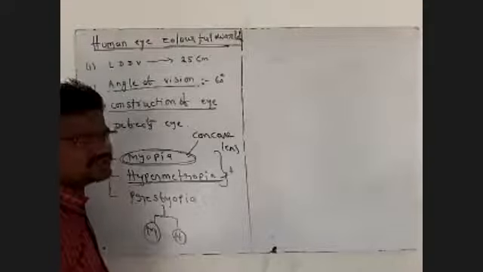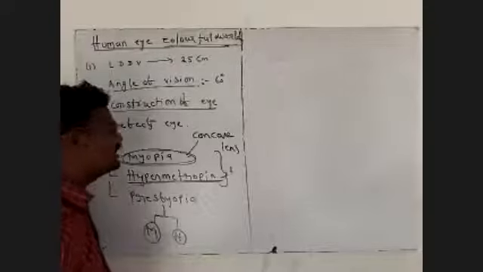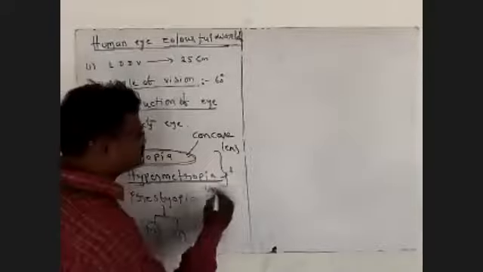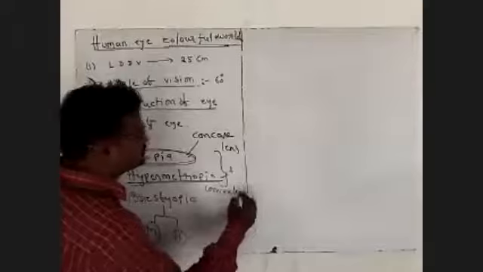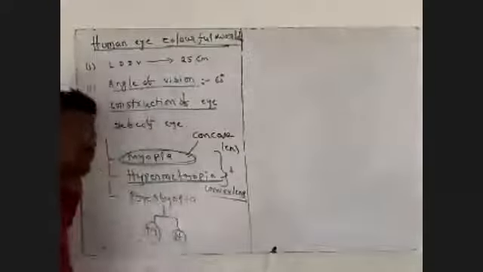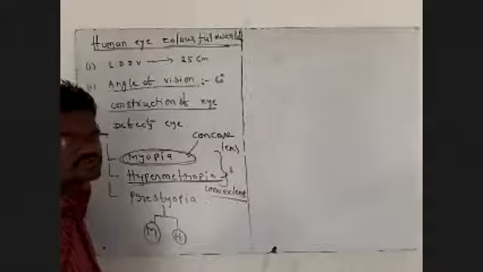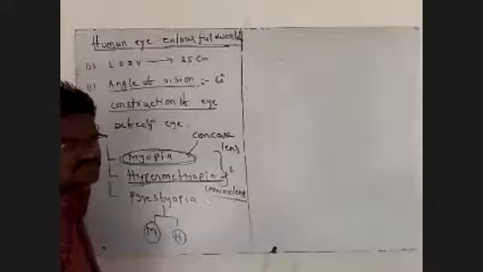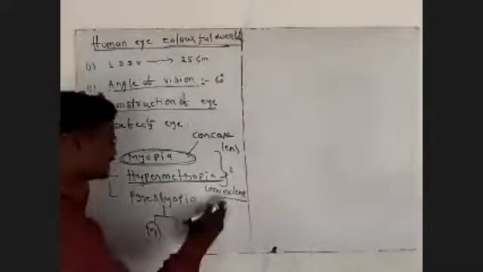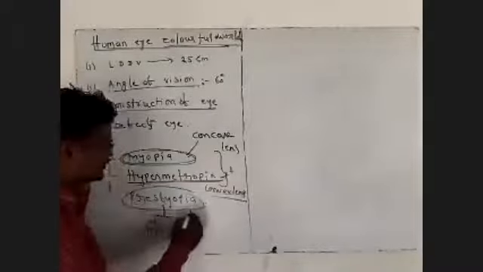How can we rectify this problem? By using a convex lens. With convex lens specs, they are able to see the long distance as well as the near distance. The problem is rectified.